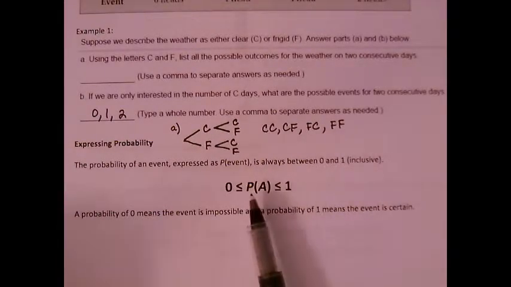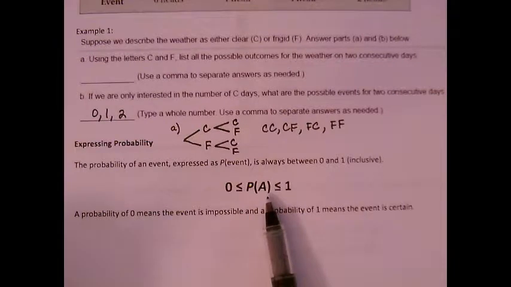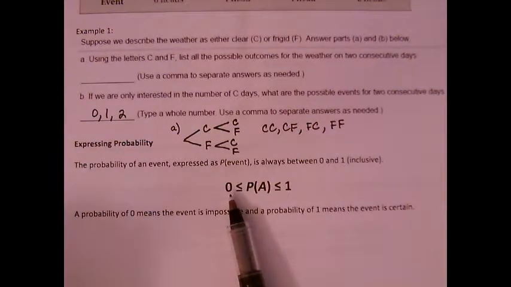So in this case, the probability of event A is greater than or equal to 0 and less than or equal to 1. If we have a probability of 0, that means that the event will be impossible. And if you have a probability of exactly 1, that means your event will be certain.